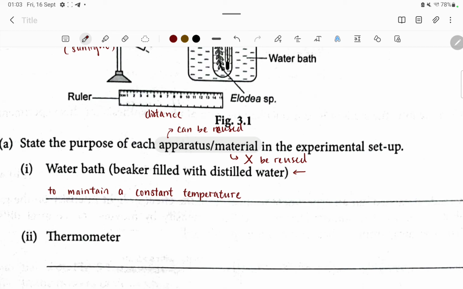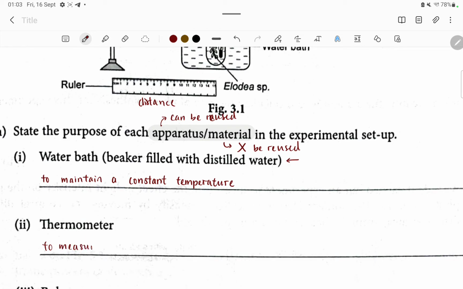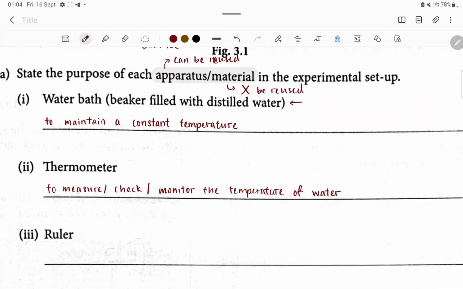And then thermometer is to measure or check or monitor. I think the best word is monitor lah, by the way. The temperature of water. Ruler is to make sure, this one is about the distance lah.